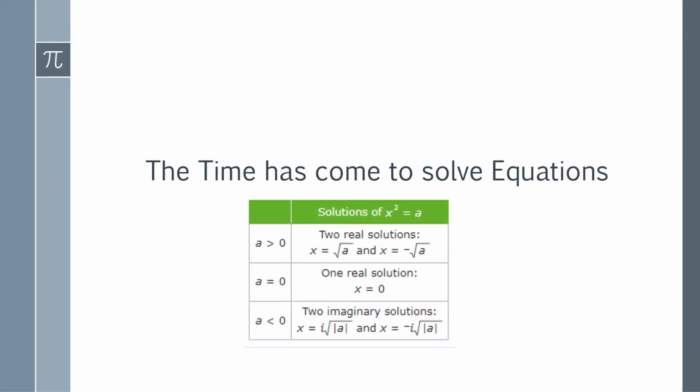All right, time to solve equations. So, two solutions when a is a whole number for when you take the square root, when it's just 0, or when you have a negative number inside your square root. Y'all see what I'm talking about.